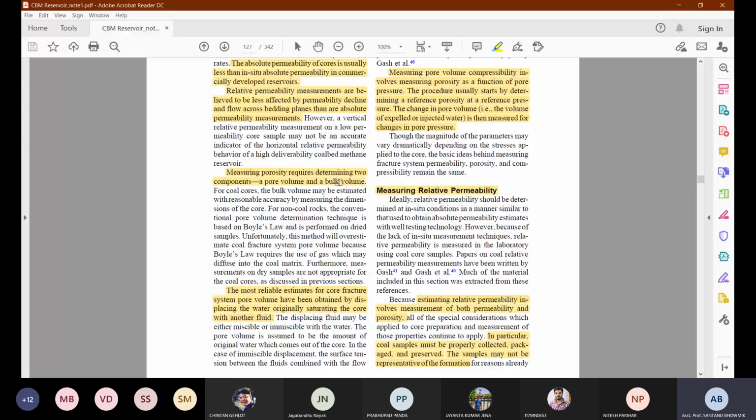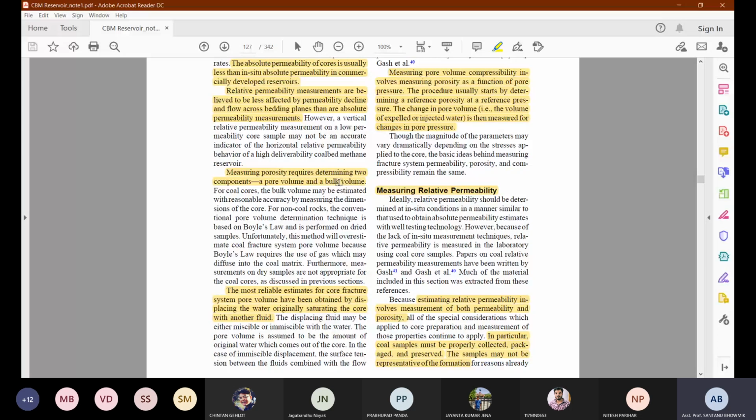So the fluid is having a porosity of only 40% because it can take only 40%. This way you can estimate the fluid porosity, the fracture porosity. This is called the fracture porosity, not the micropore or mesopore. It is always the fracture porosity.